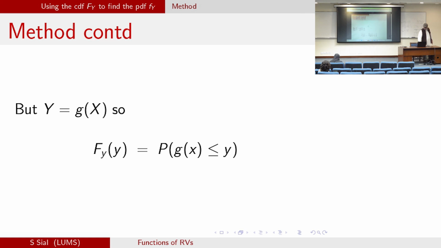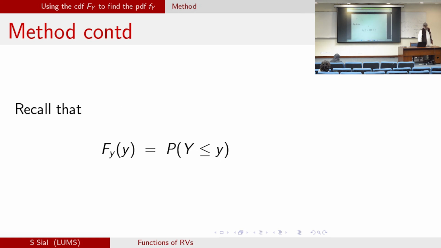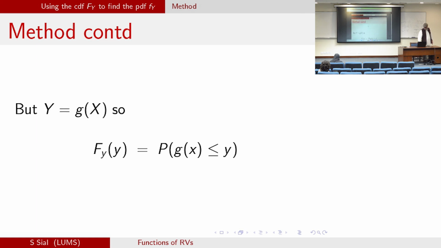What's y? Y is equal to g of x. Y was some function of x. So the CDF evaluated at y is the probability that g of x is less than or equal to y.